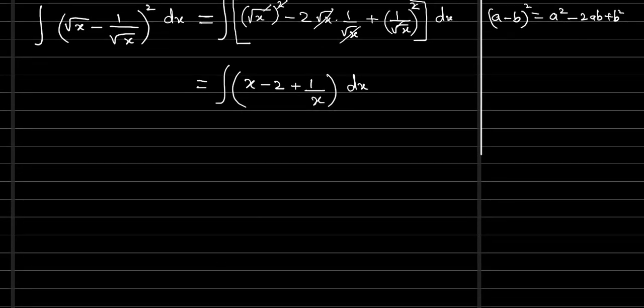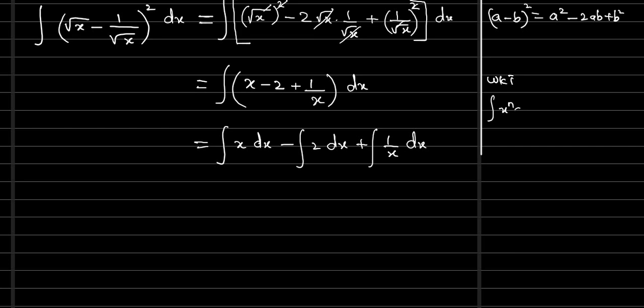Now we can do the integration. Each term we can integrate separately: integral x dx minus integral 2 dx plus integral 1 by x dx. To do the first term, we can use the integral x power n formula. Integral x power n dx is x power n plus 1 by n plus 1 plus c.